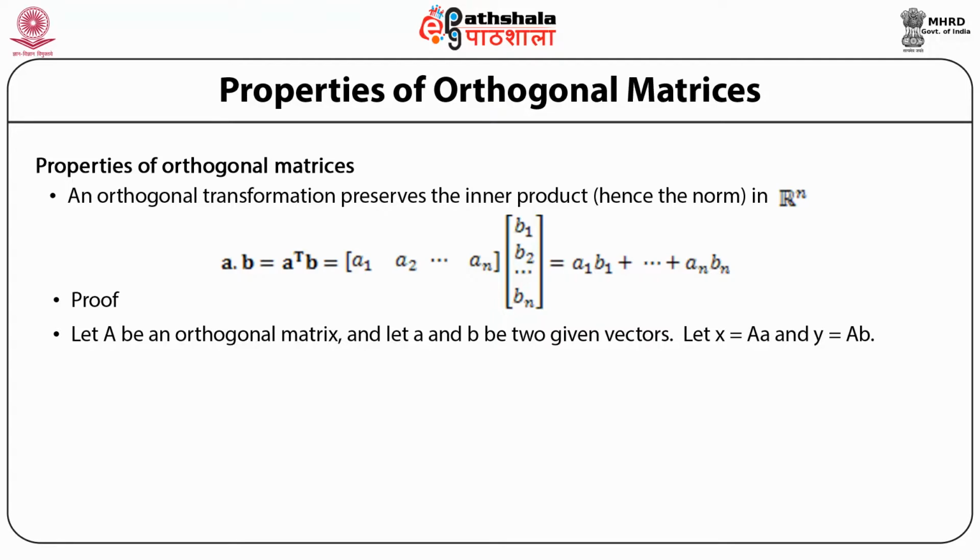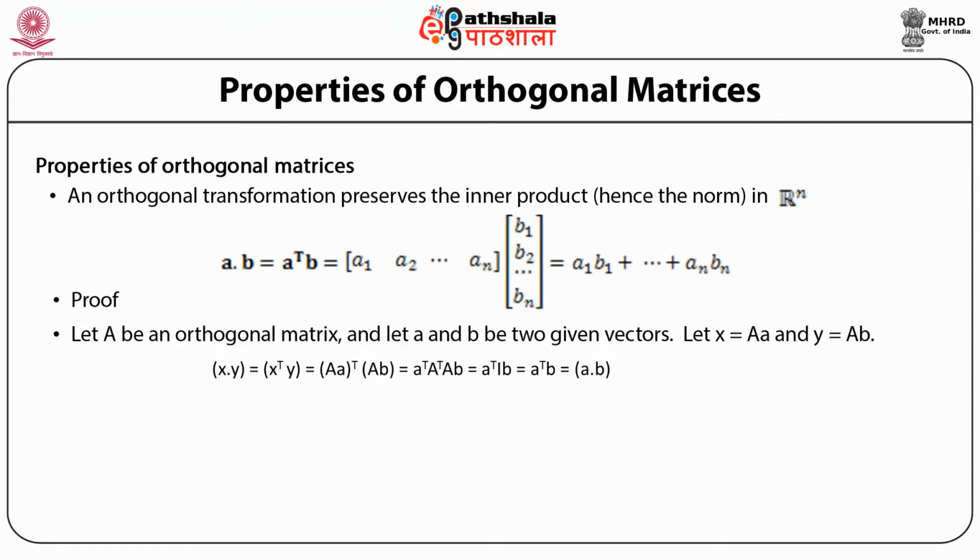Let vector x be equal to capital A times a, and vector y be equal to capital A times b. Then the inner product x dot y is equal to x transpose into y, which equals A a transpose into A b, which equals a transpose into A transpose into A into b, which equals a transpose into identity matrix into b, which equals a transpose into b, and is in turn equal to the inner product of a and b. Hence, the theorem is proved.